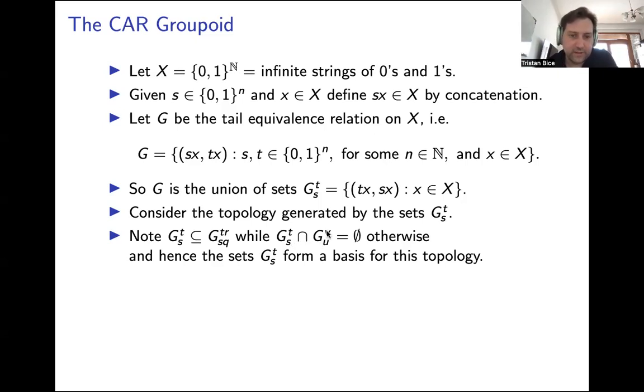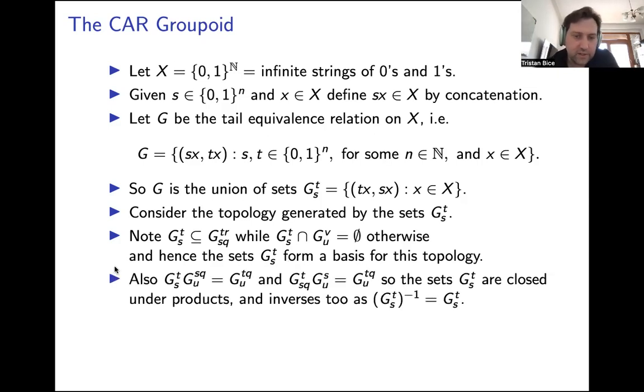If V is not an extension of T and T is not an extension of V, or if S is not an extension of U, or if U is not an extension of S, then there's no way that these two cylinder sets can contain anything in their intersection. So in particular, the cylinder sets are closed under finite intersections. So they don't just form a sub-basis, they form a very nice basis closed under finite intersections.